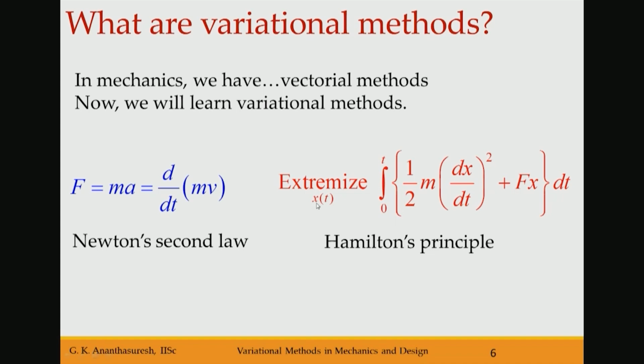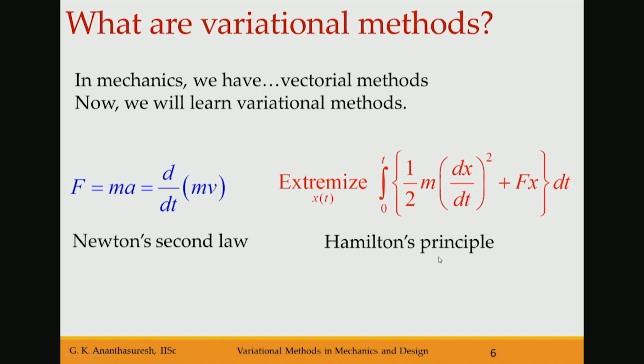Let us say we take a particular x(t), let us call it x star t. In the vicinity of x star, if you look at other functions, you substitute them here, then what you find is that at x star it will have either the least value, a minimum value, or a maximum value in the vicinity.